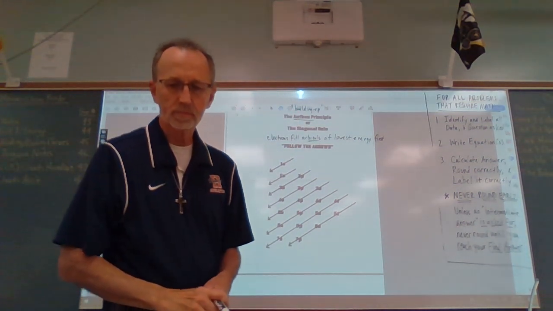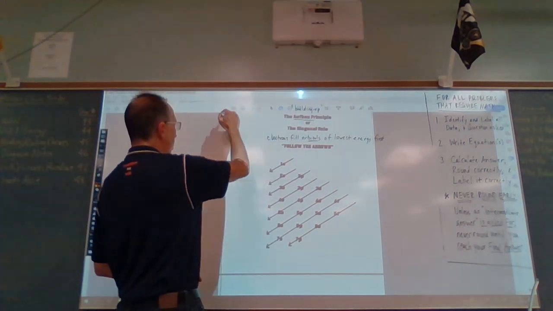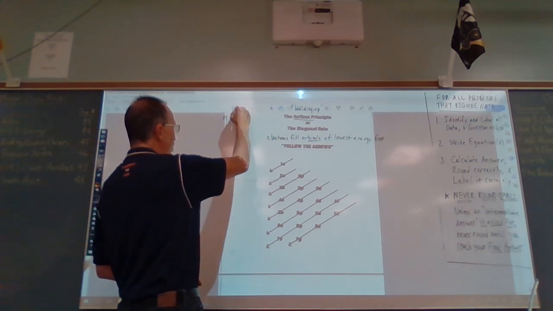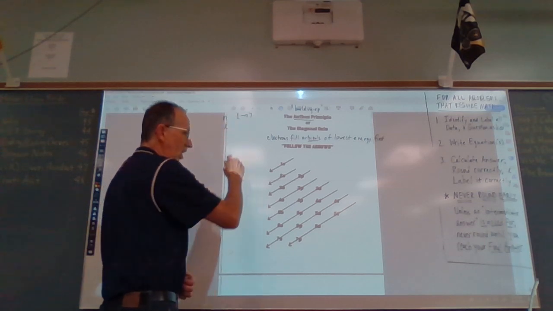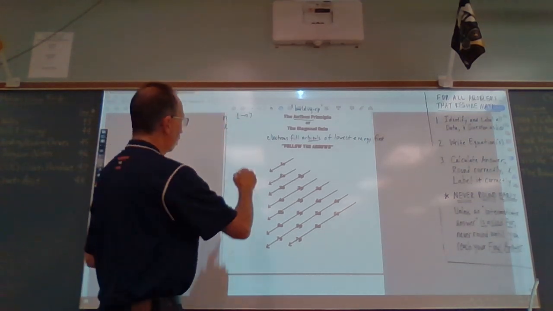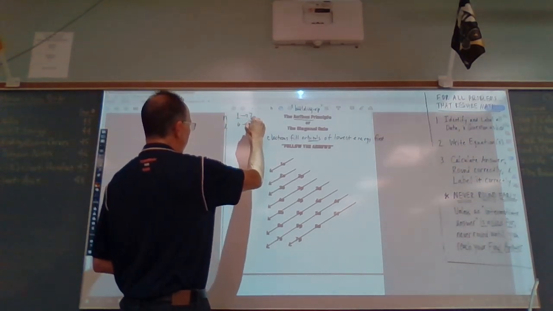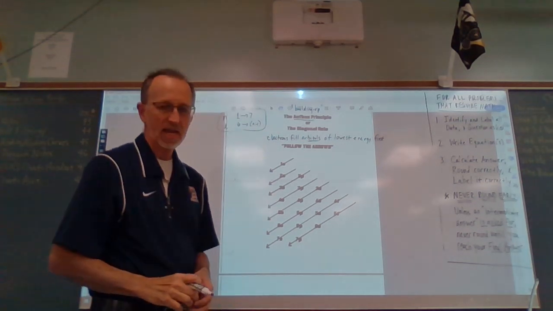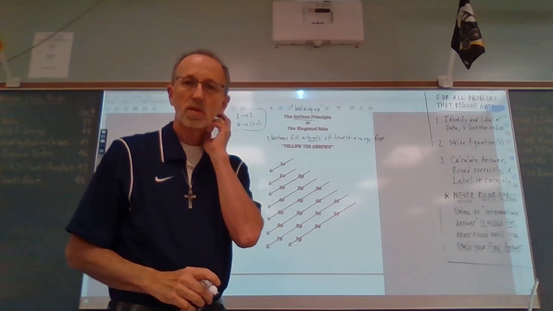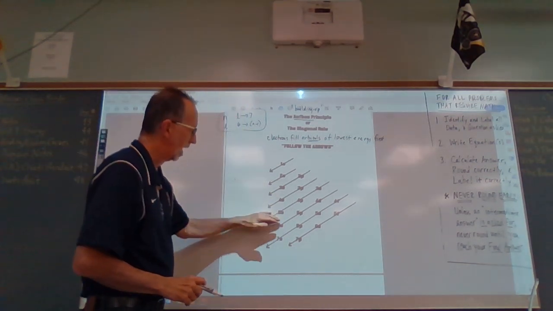So remember our values of n, which go from 1 to 7, and our values of L, which go from 0 to n minus 1. Let's remember that as we look at this diagram. I want you to see how this is laid out.